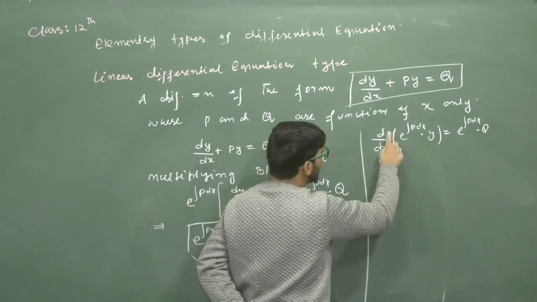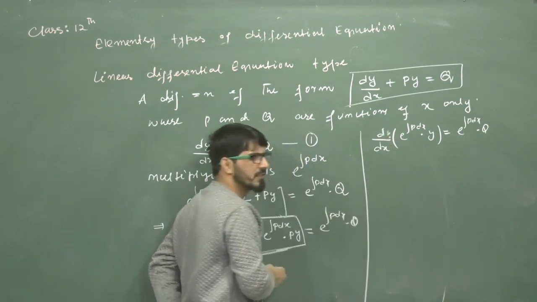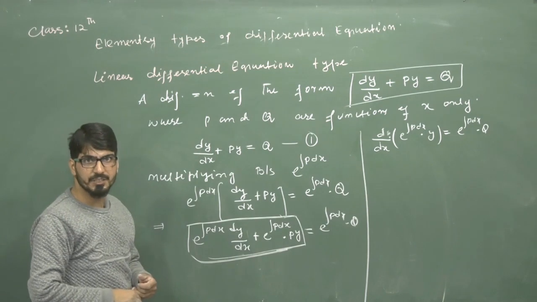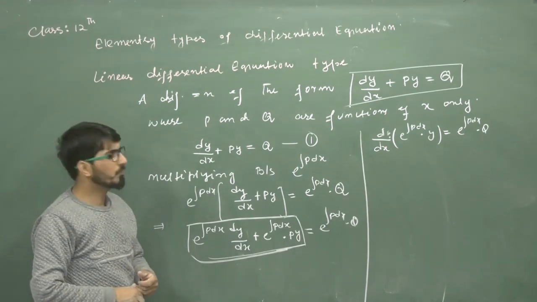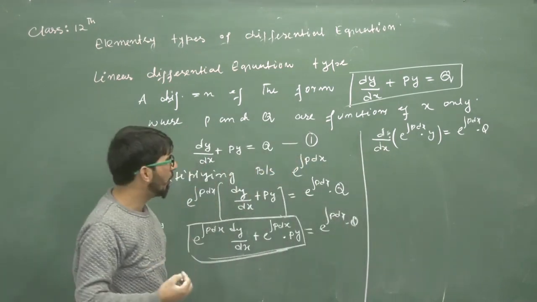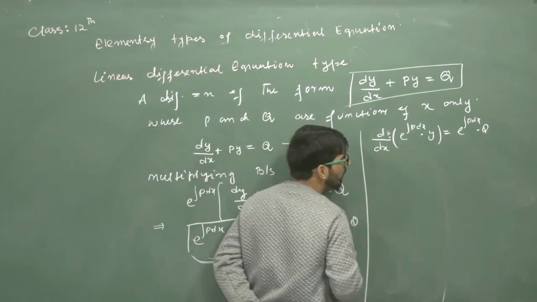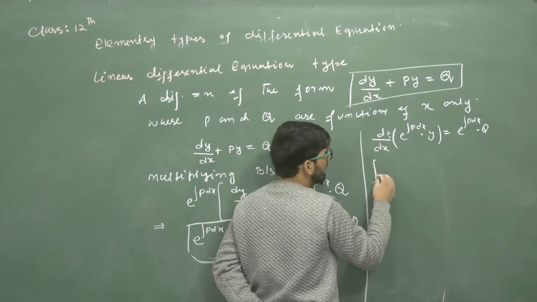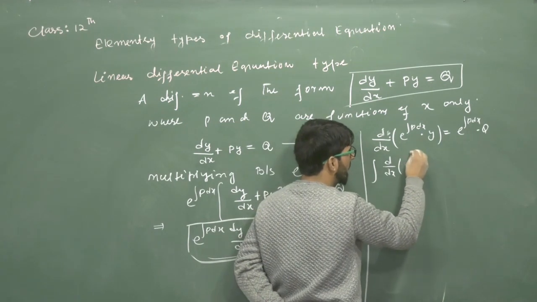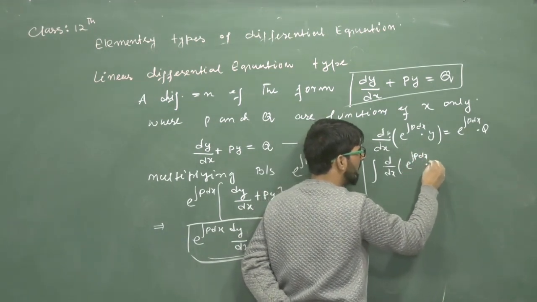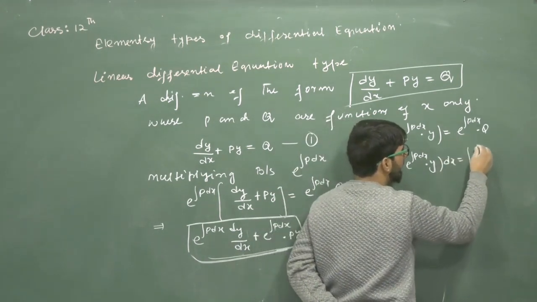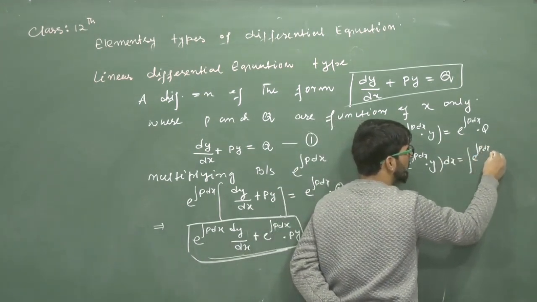So we have to eliminate dy by dx here. As we know that integration and differentiation are reverse processes, we will integrate both sides. Integral of d by dx of e raised to power integral of p dx into y dx is equal to integral of e raised to power integral of p dx into q dx.